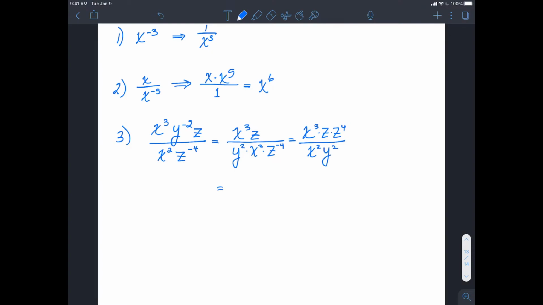Next, we can collapse z times z to the fourth, so that would be x to the third times z to the fifth over x squared, y squared. And finally, we have an x to the third divided by x to the second, and we can reduce that fraction to just x z to the fifth over y squared.